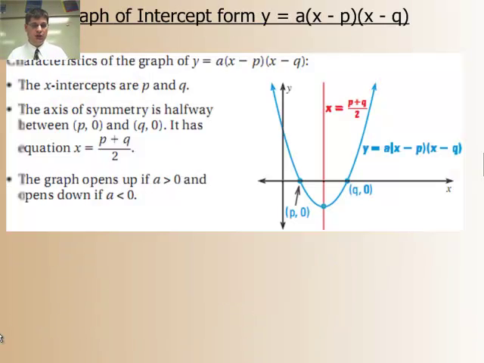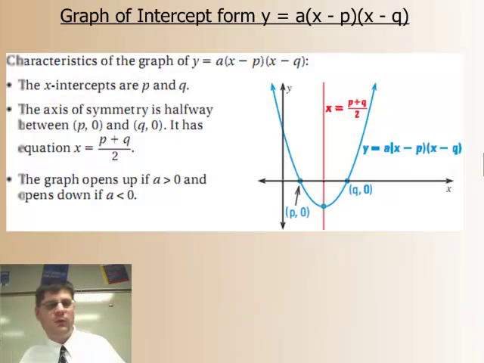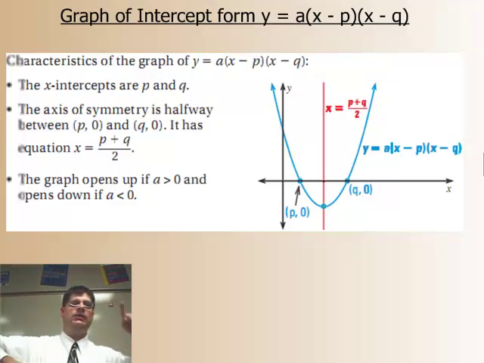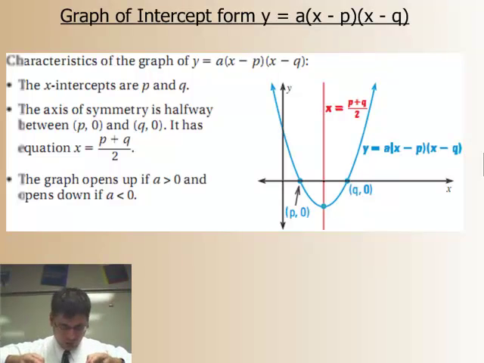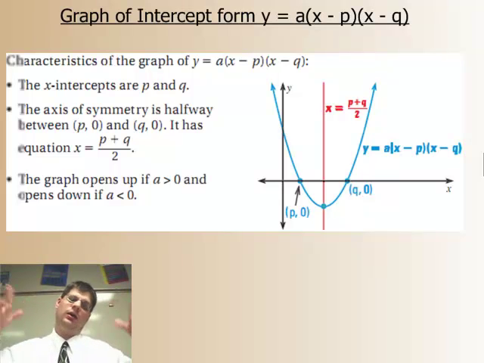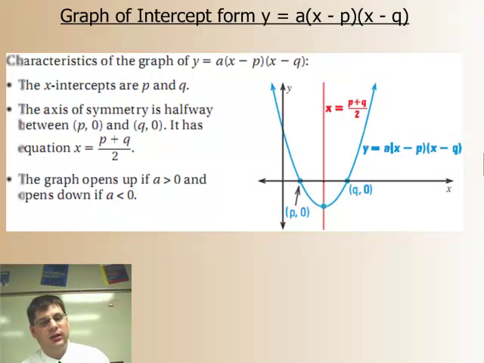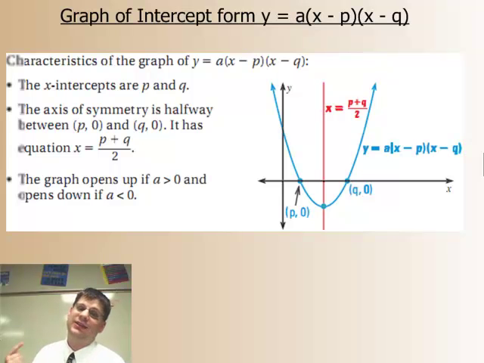This brings us to our last form, graph intercept form. Y equals a times x minus p, x minus q. What? I haven't seen this before. Okay, so this is new. Characteristics of the graph in intercept form include that you need to know what the intercepts are, specifically the x-intercepts.